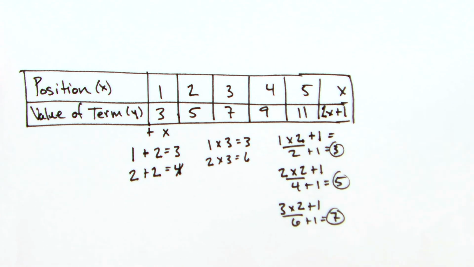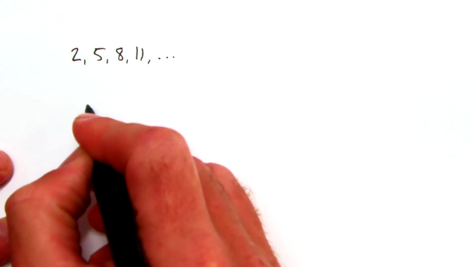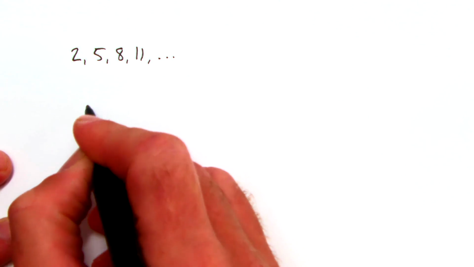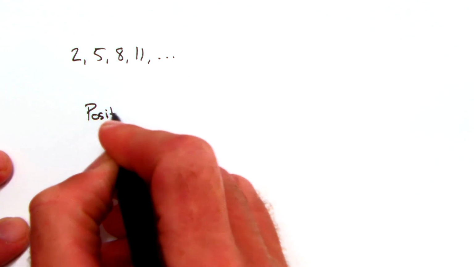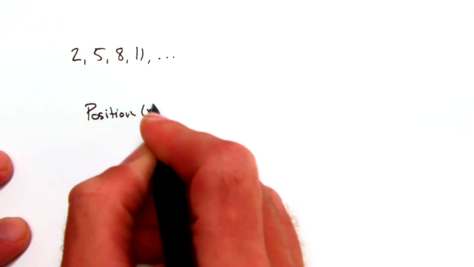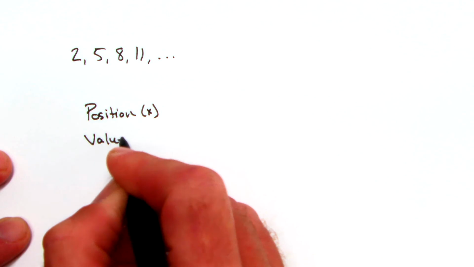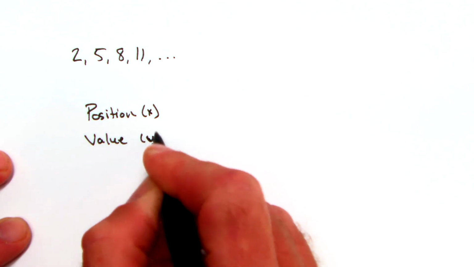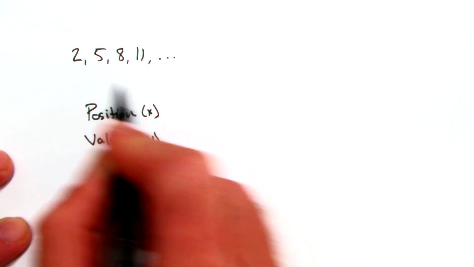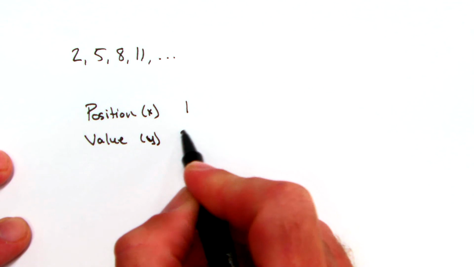So that's given a chart. Sometimes you might see it to where they give you just a pattern and you have to find it. Best thing to do here, put it in a chart. You've got your position, which is your x, and your value, which is your y. Well, in our first position, we have a 2.